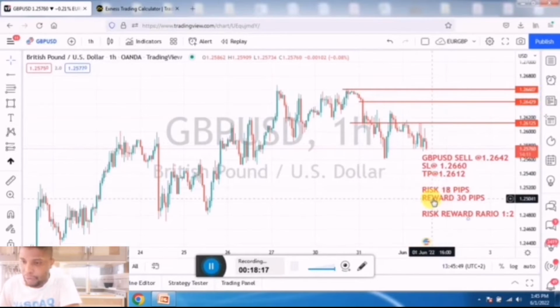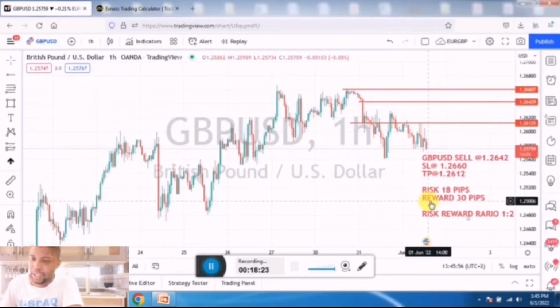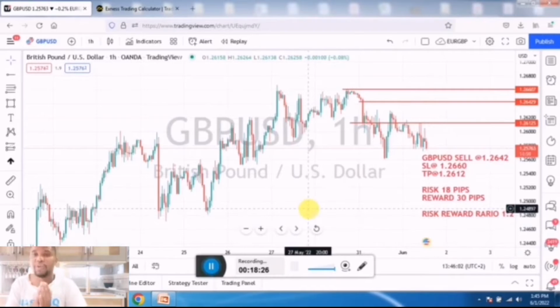And then your reward from 42 to 12 is 30 pips. So the risk reward in this case is about 1:2, which is actually not bad, just modest. Let's say you wanted to lose just $10 on this trade, and if your trade goes in your direction, it made $20.